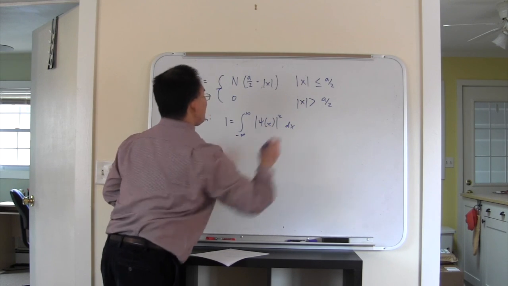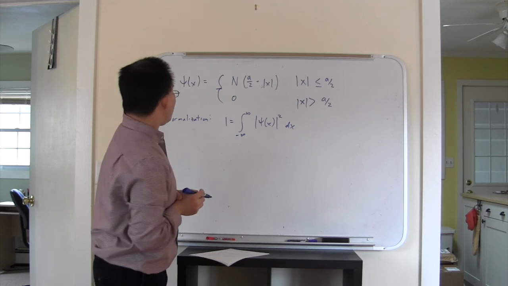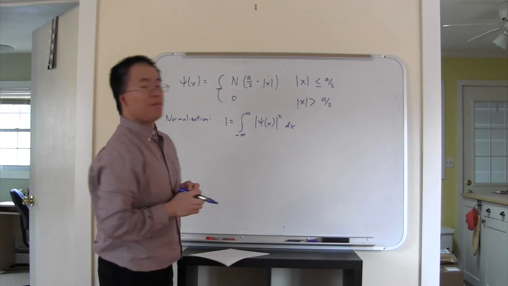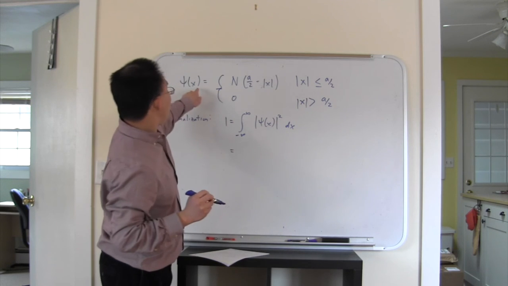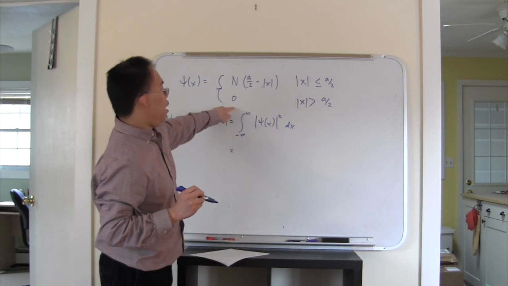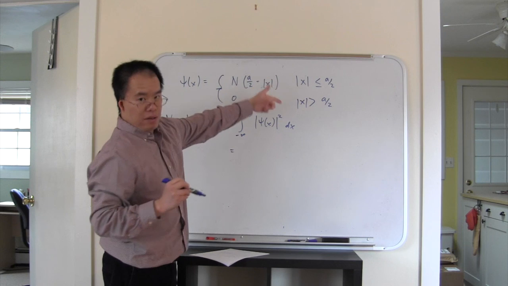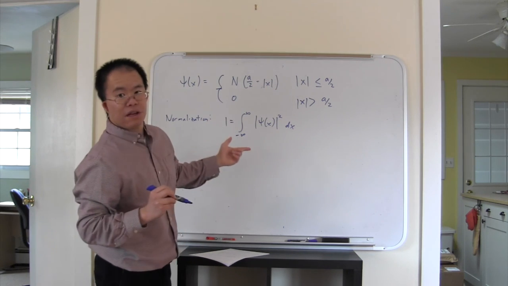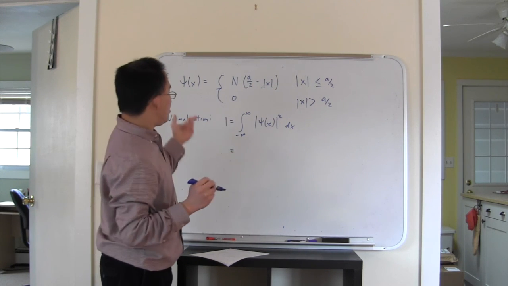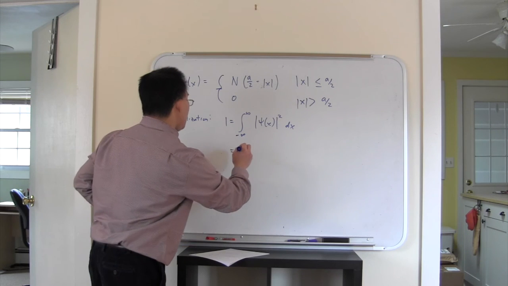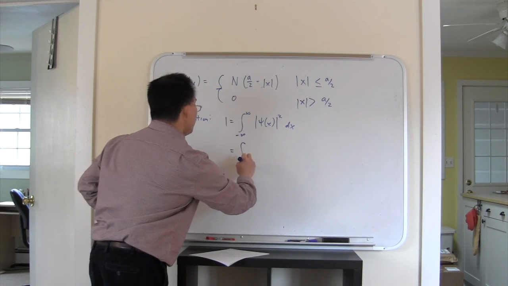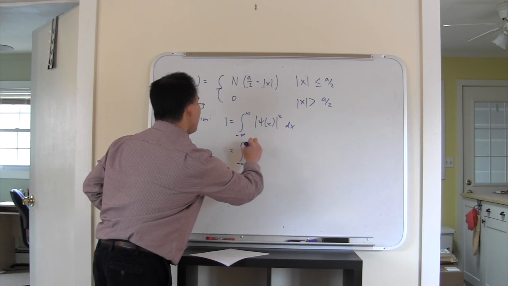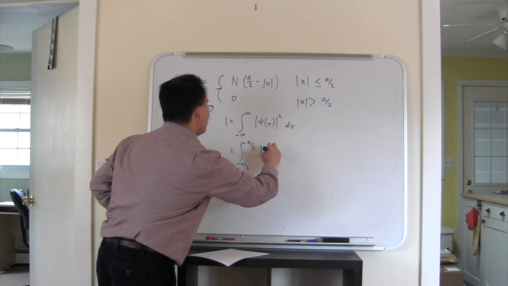Now, we can simplify this a little bit because we know that the wave function is 0 if x is bigger than a over 2 or less than minus a over 2. So I can change the limits of integration to go from minus a over 2 to plus a over 2.